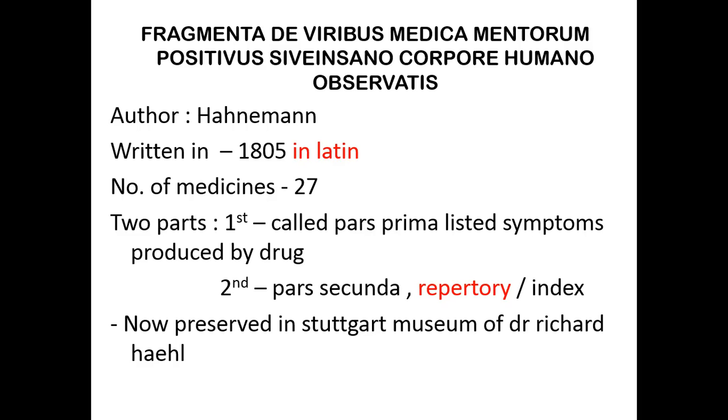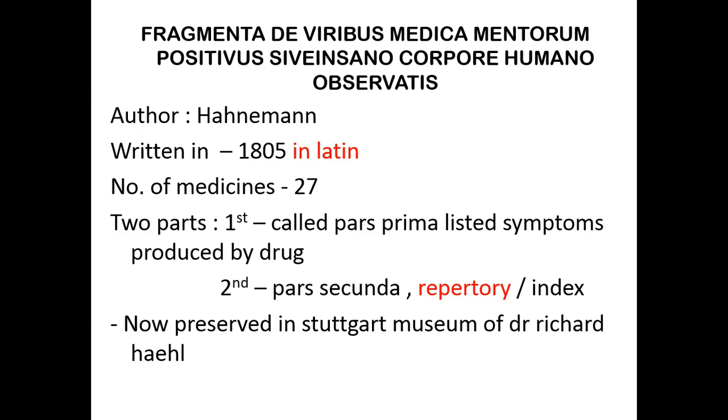That is Fragmenta de Viribus Medicamentorum, which is divided in two parts, which you are going through. The number of medicines is 27. So this book contains 27 medicines. Again, this full topic is very important. It is divided in two parts.